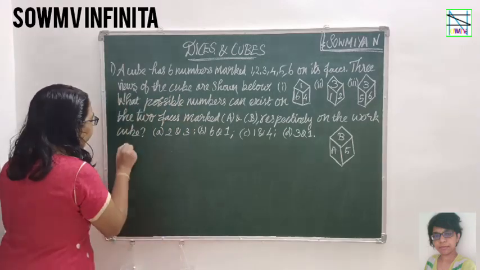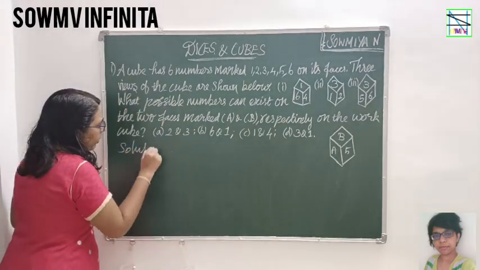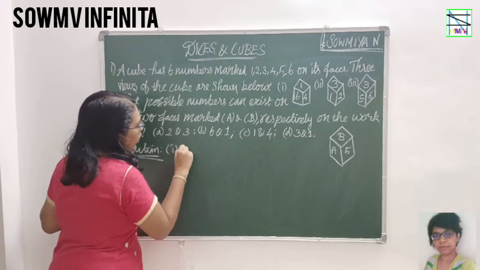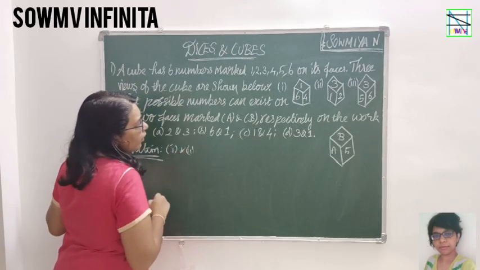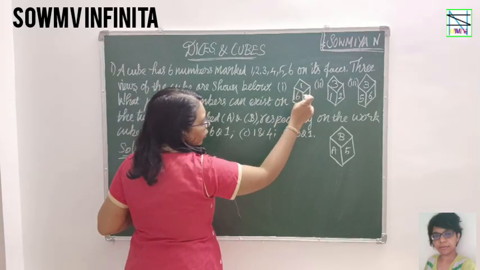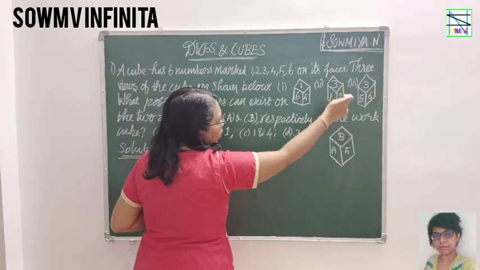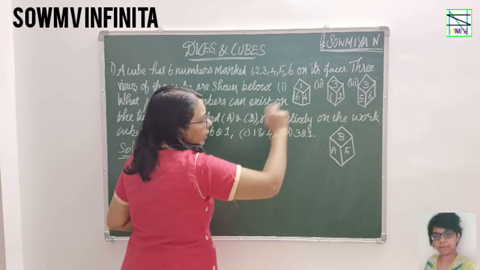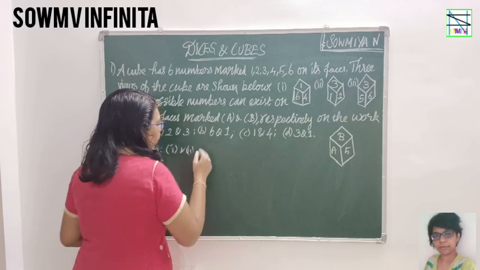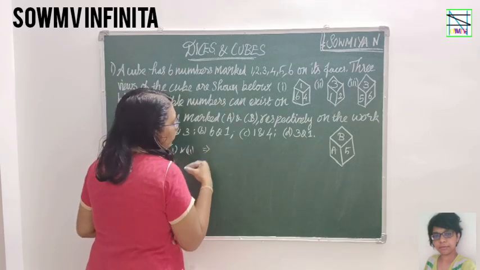Solution: first we solve it deeply. From the first and second dice: from the first dice 1, 4, 6 and the second dice 3, 2, 1. Here 1 is repeated in a clockwise or anti-clockwise direction, which means we can arrange in an order.